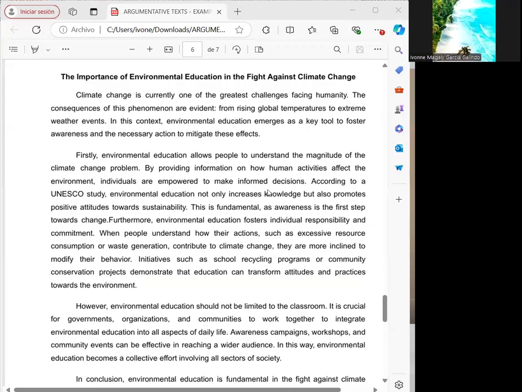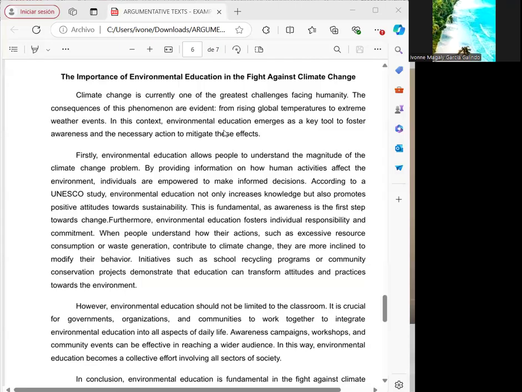Okay, so this first paragraph is a good one, but it's also lacking the argumentative structure. She's just saying that climate change is a big challenge, and she's saying there are a lot of consequences, and all that is evident.